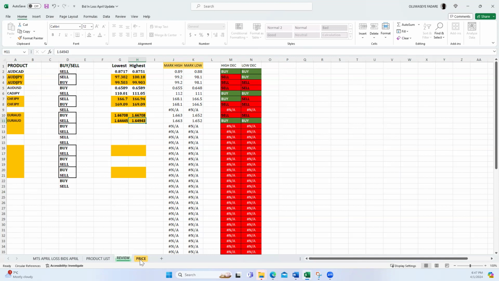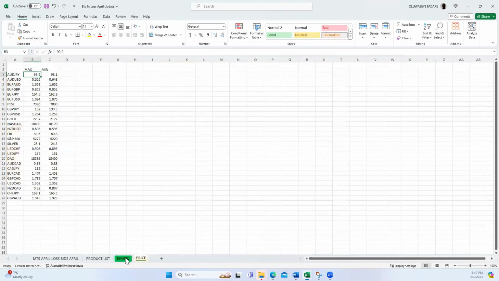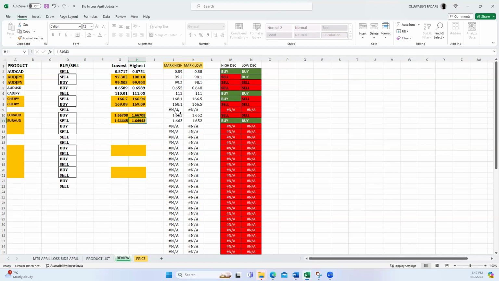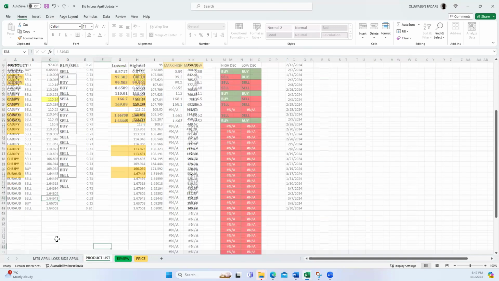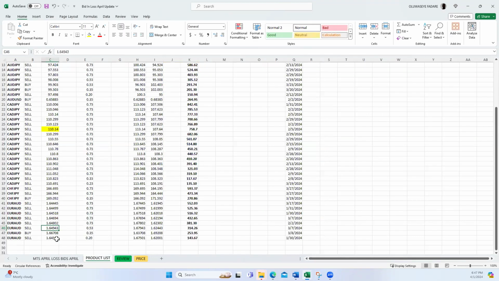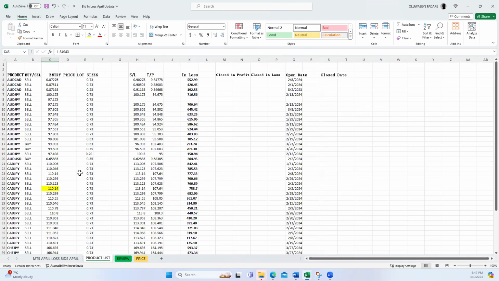Once the market prices are updated, this will also be updated, and it will tell us the direction of the market, whether the market is still buying or selling. Okay, so it's good to be able to identify the MT5 bid, and I also want to appreciate Mr. Fatu for helping us with the updates and for giving us this information.